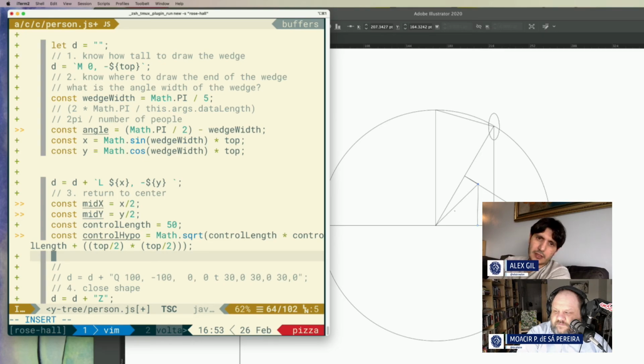I mean, that's the same angle as its opposite. No, it looks like it is, but I think that's the dumb luck of the drawing. Oh, okay.